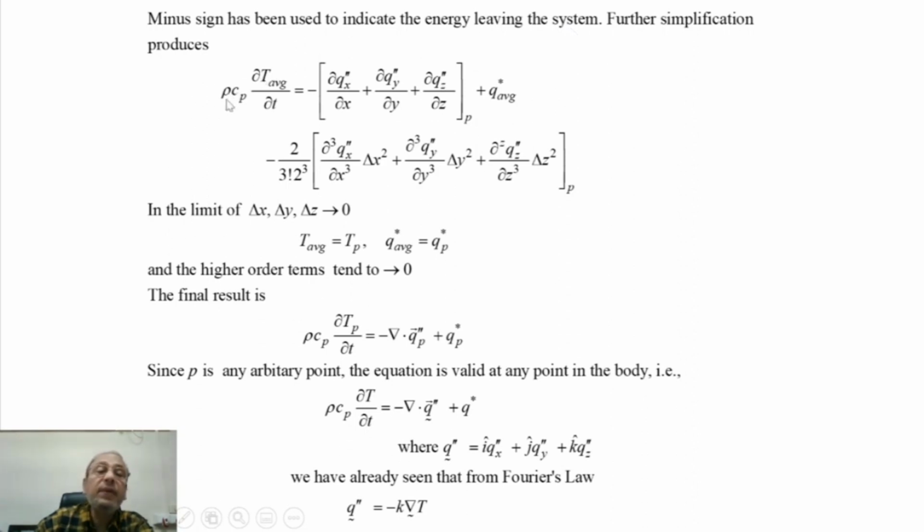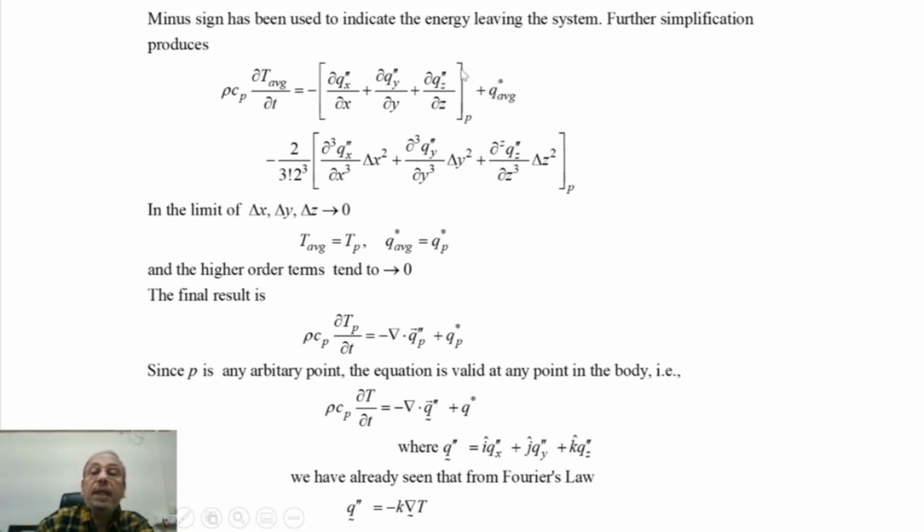So further simplification, we can say rho Cp del T average del time equal to minus del x of qx double prime within bracket, del y of qy double prime and del z of qz double prime, plus Q average star.